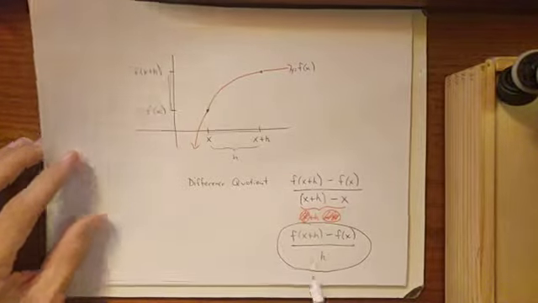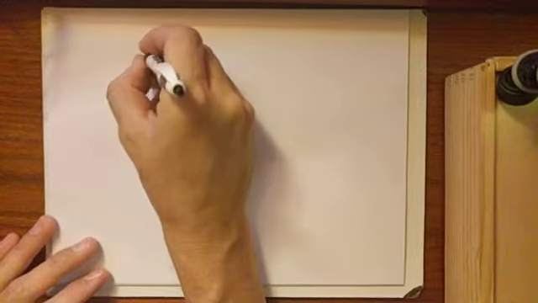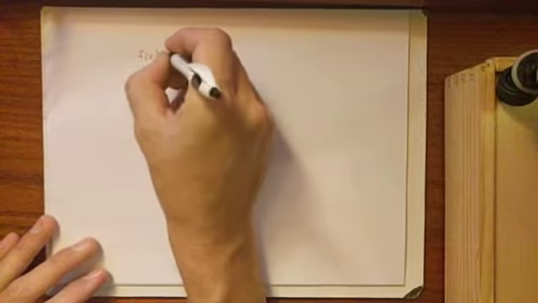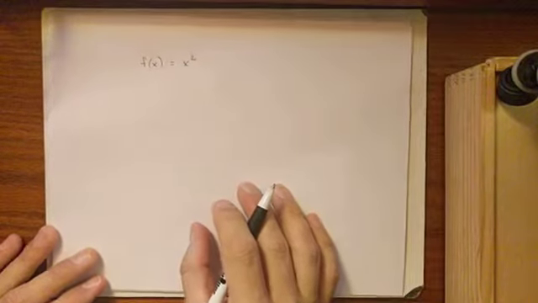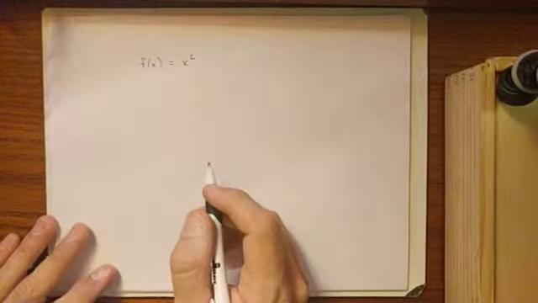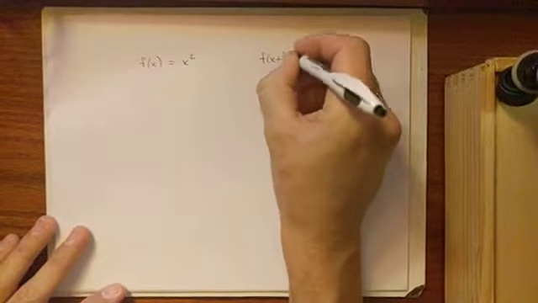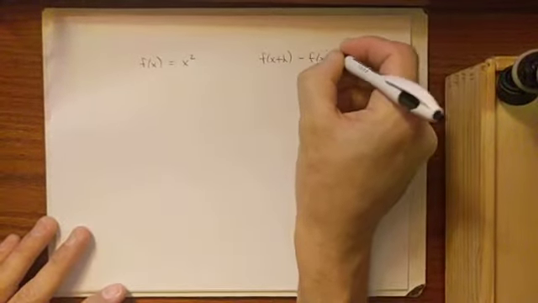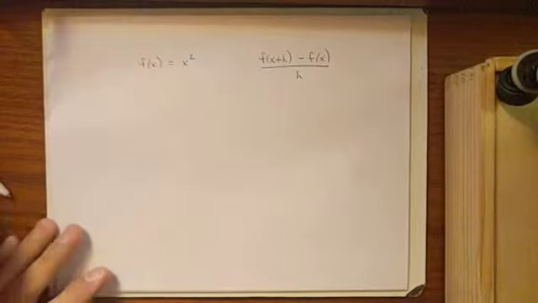All right, so for example, let's say that f of x is x squared, and we want to find the difference quotient for this. Okay, f of x is x squared. We want to find a difference quotient for this. So what we're going to do is write down our formula, and I'm going to circle a couple of things.